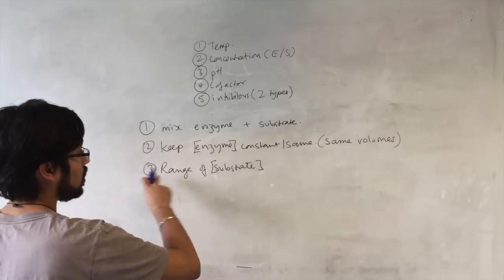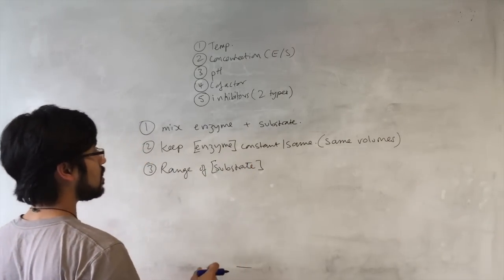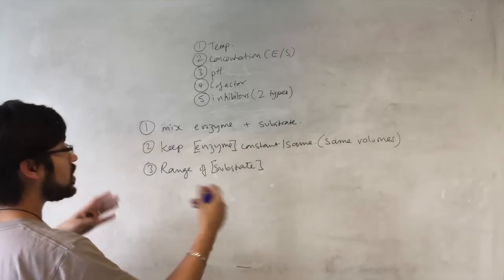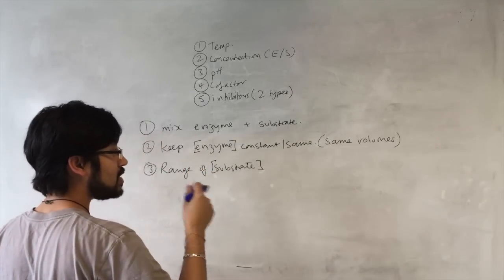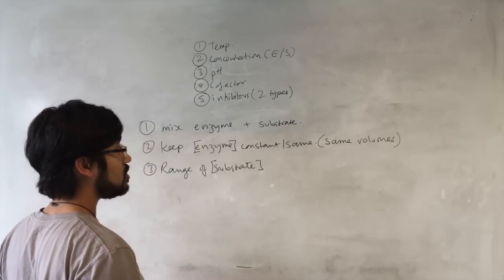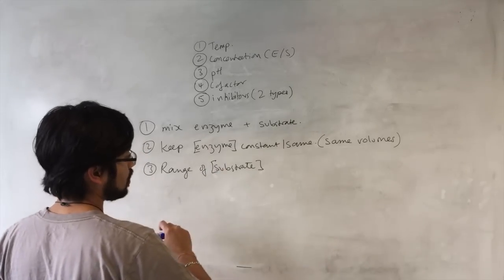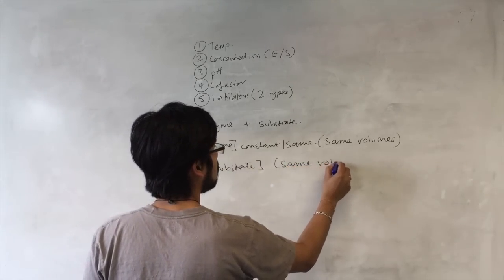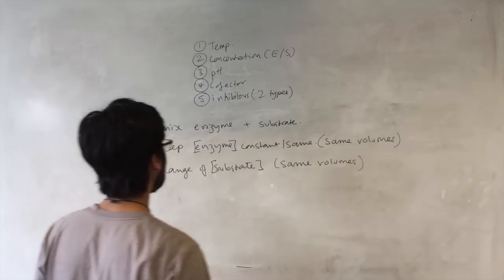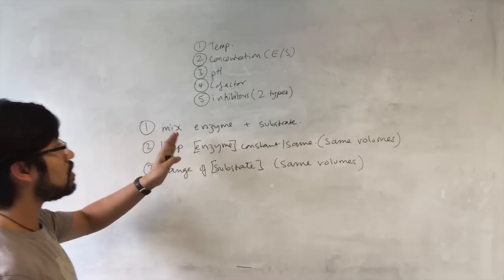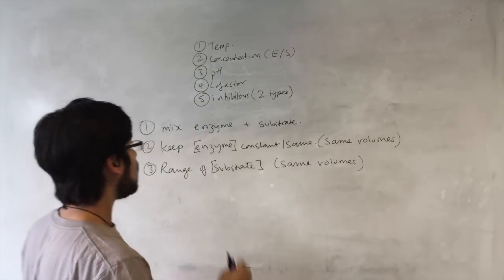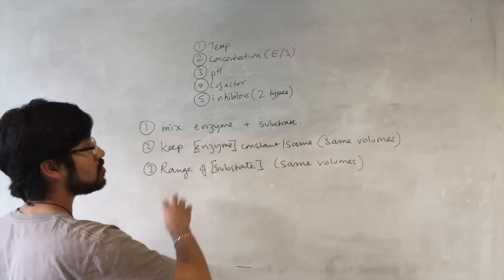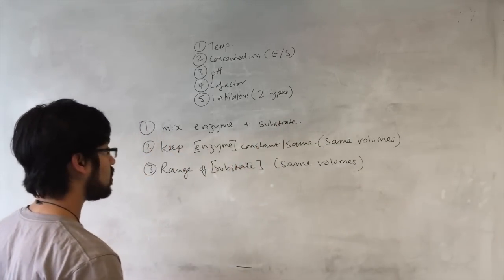With a range of substrate concentrations, we don't change the substrate concentration by adding more of that solution. We change the substrate concentration by having different percentages or concentrations or molarities of that substrate, but we keep the same volumes. So we must at some point mix enzyme and substrate. Unless we are investigating the enzyme concentration, we always must keep the enzyme concentration the same and the same volumes.